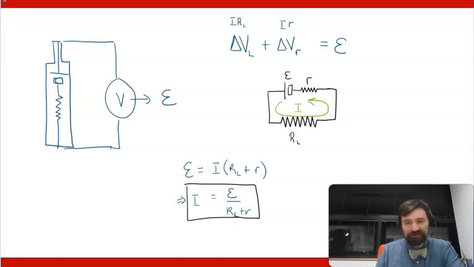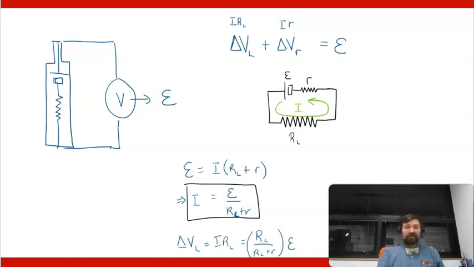And so if I want to figure out what the voltage drop across the load itself is, then delta V load is I times R load, which in turn looks like R load divided by R load plus little r, all times epsilon.